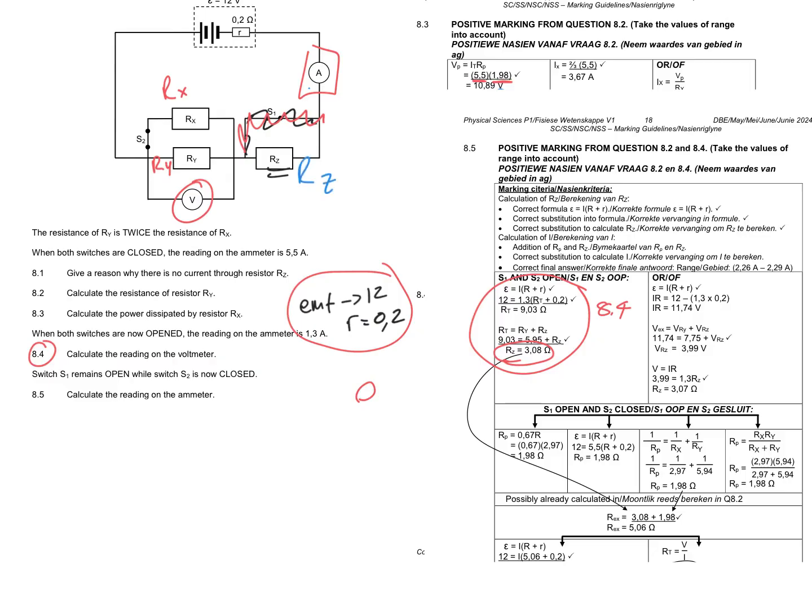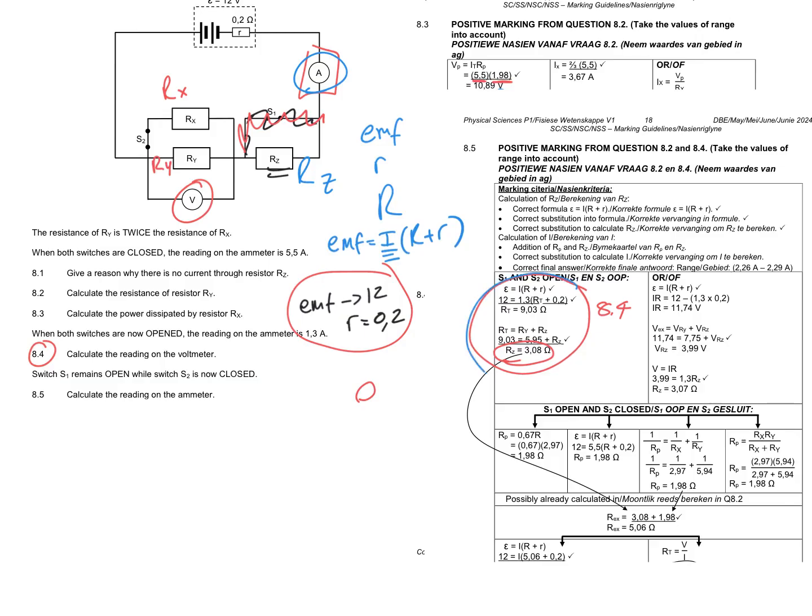So in order to get the ammeter reading, it would be easier if you had the EMF and the little r and the total resistance, because then in this formula there would only be one thing that you didn't know, which is the I, which is what you want to know.